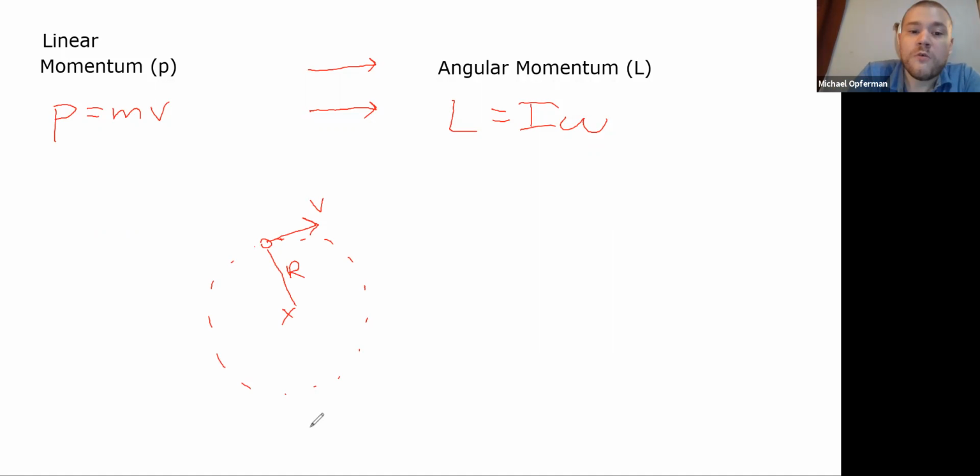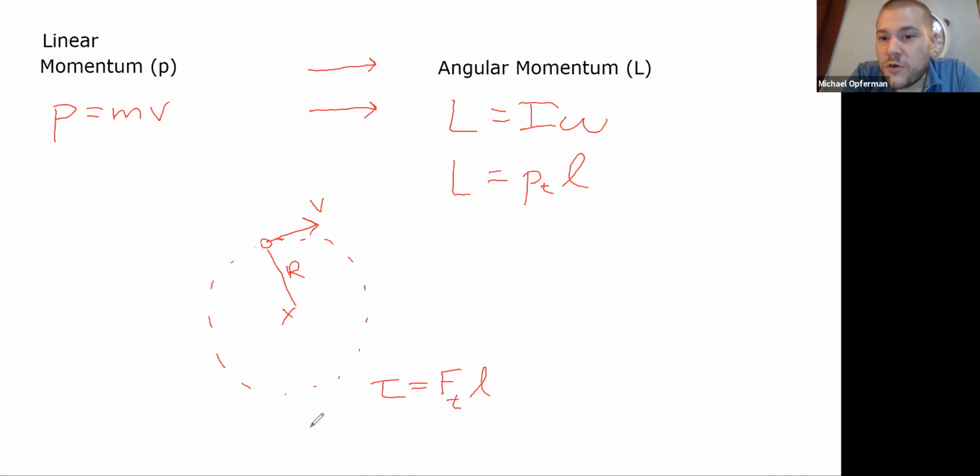So in other words, remember how when we calculated a torque from a force, we would use only the tangential component of the force times the distance to the axis of rotation. We can use the same idea for angular momentum. We can do just the tangential component of the linear momentum times the distance to the axis of rotation.